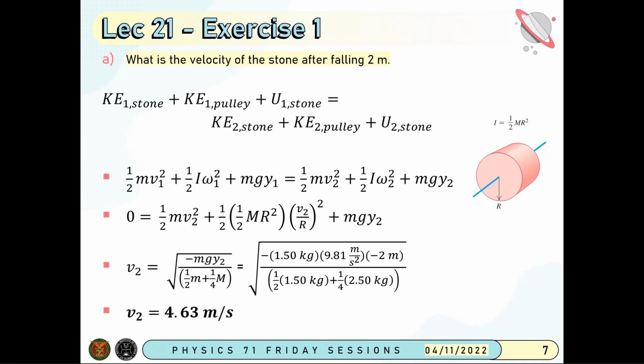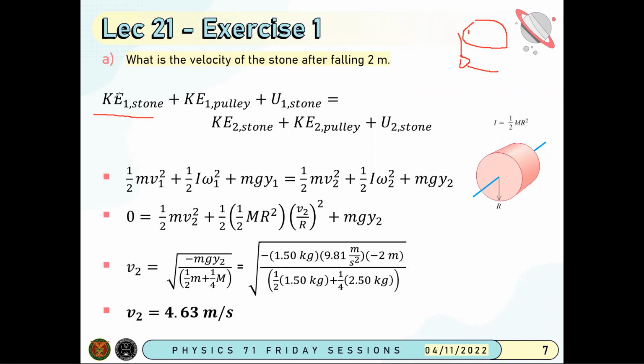Okay. So we have the kinetic energy of the stone as it falls. Right? So this is the cylinder. So there's an attached wire, and this is the stone. So the stone has kinetic energy as it falls. The pulley also has kinetic energy, which is the rotational kinetic energy.